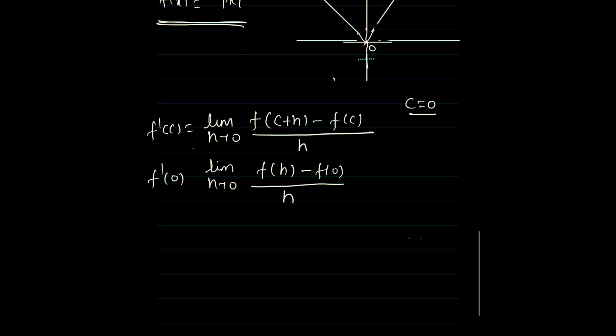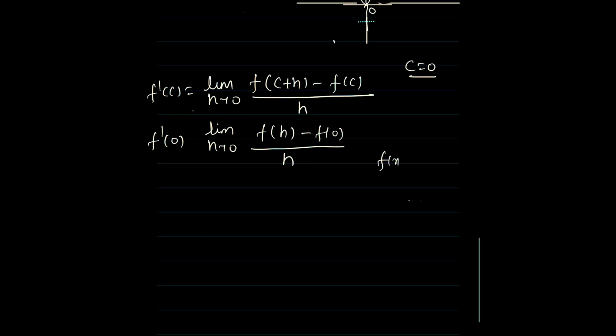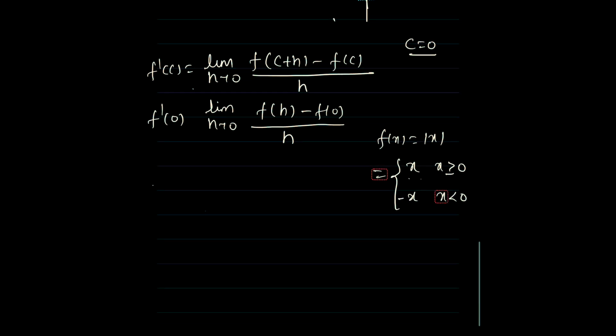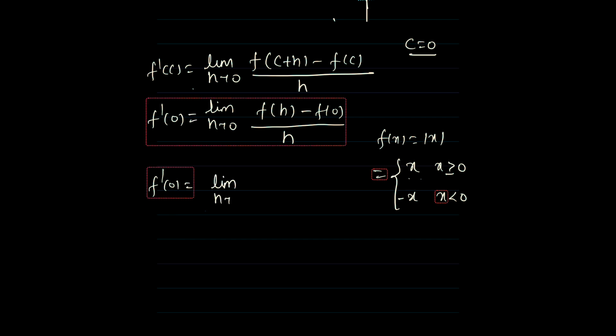Our function is modulus x, so how can we define it? We can write it as x if x is positive and minus x if x is negative. So f dash 0 equals the limit as h tends to 0 of mod h minus the value at 0, where f of 0 equals mod 0, which equals 0, upon h.